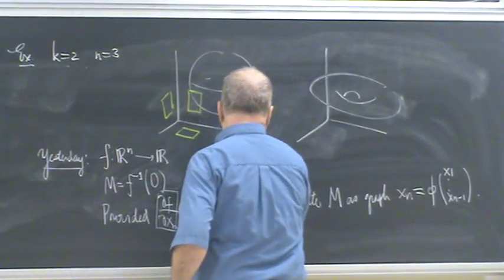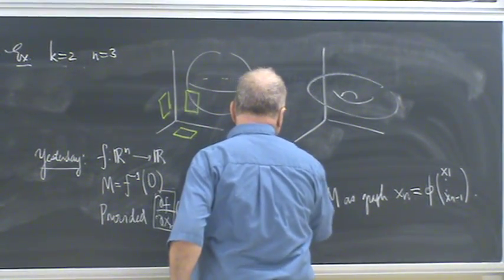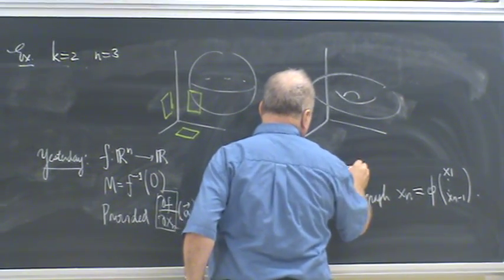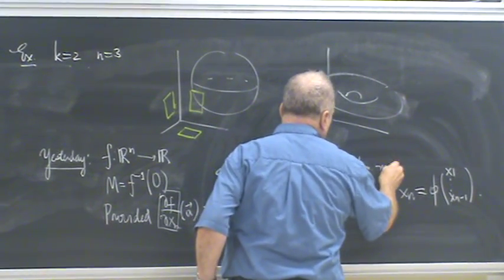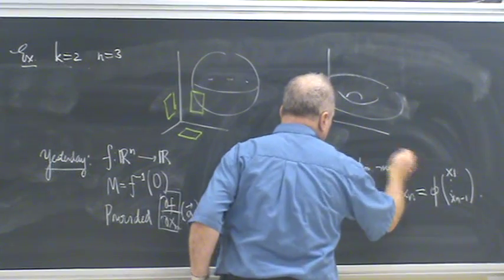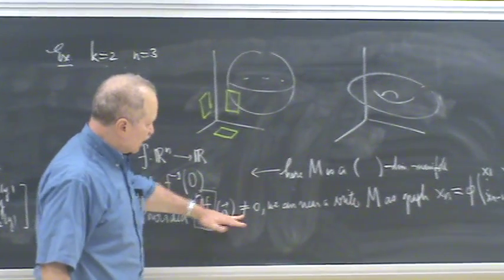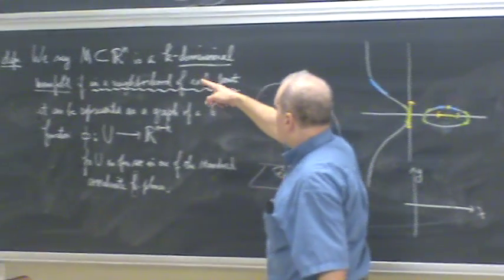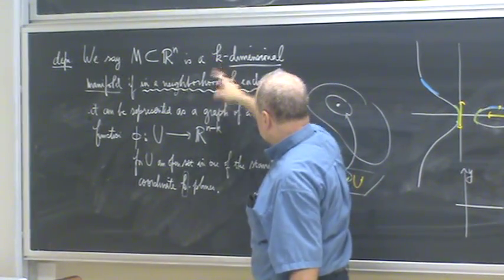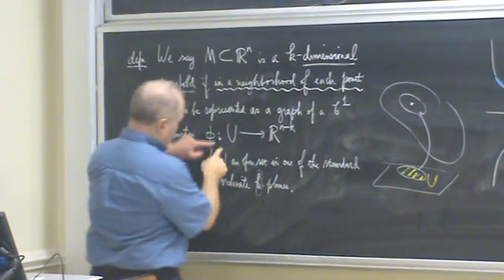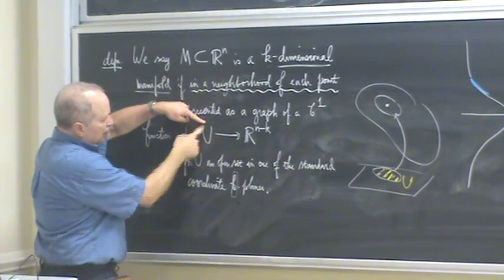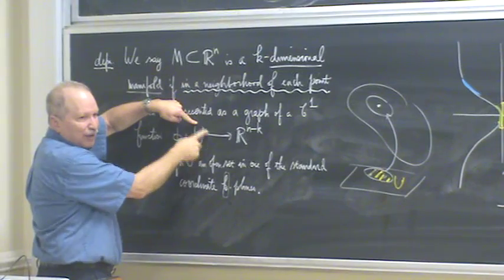In this case, M is a blank dimensional manifold. If we can do this for every A, what's the k? k is telling you how many free variables you have. You're parameterizing.